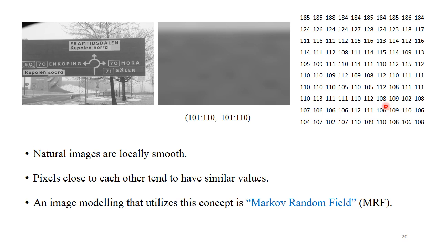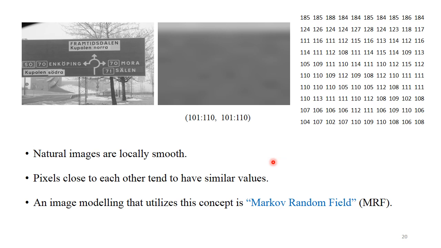In such cases we can make use of the Markov random field. So this modeling utilizes this concept. A modeling that makes use of this concept is the Markov random field, and this is the concept we are going to discuss further for denoising purpose. And remember once again, we were there with the ill-posed problem.